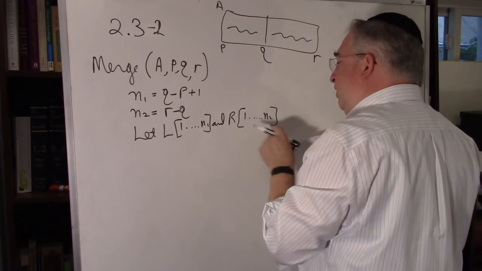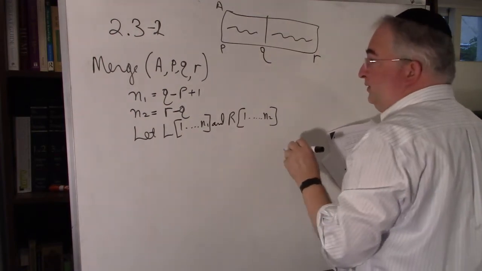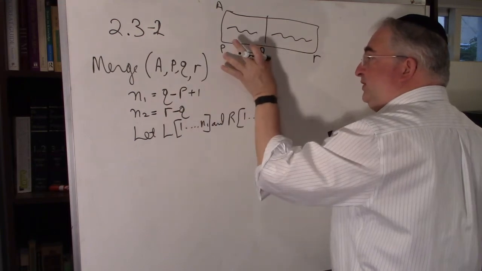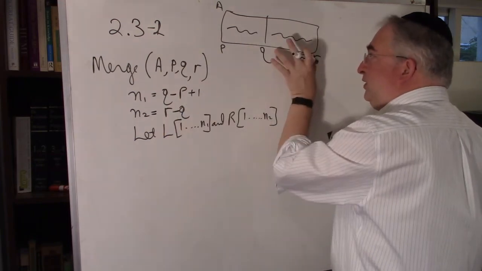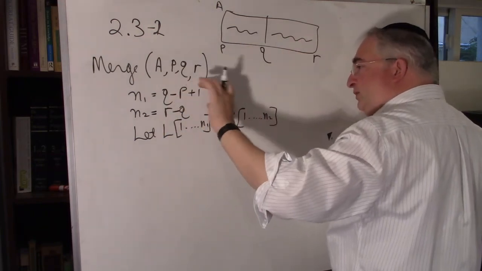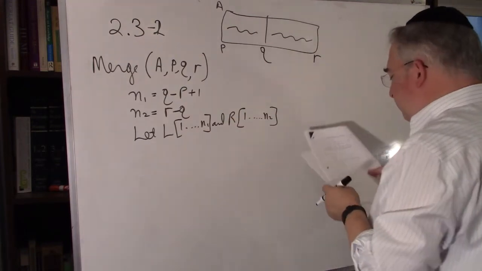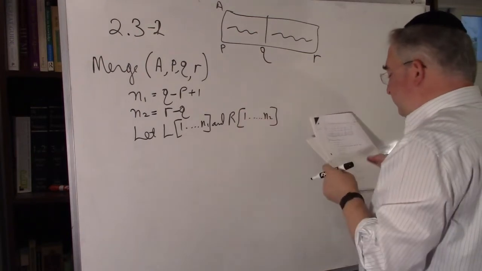Let L and R be new arrays. So just think of it, Q minus P plus 1, that's that, R minus Q, that's that. We have to worry about the pth element, which one does it go into, that's why you have this difference.